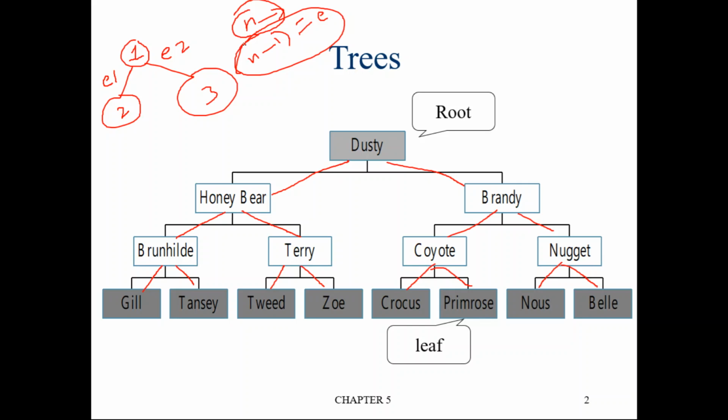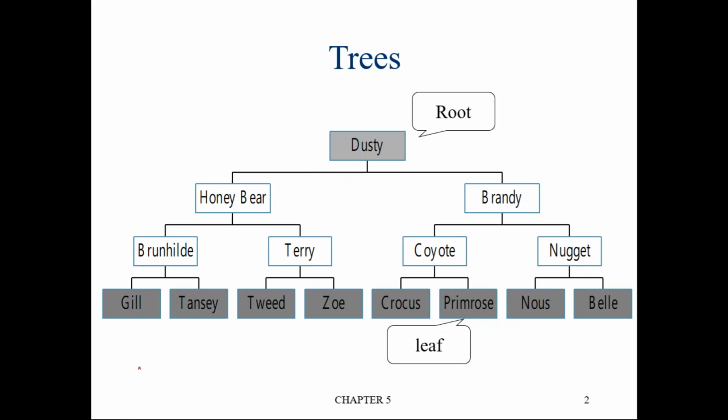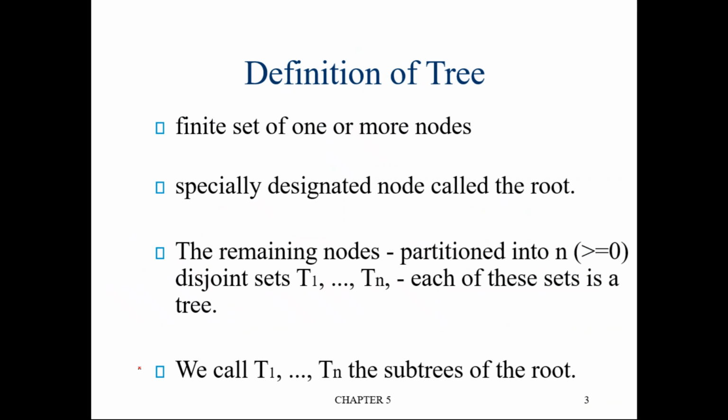So this is how we define a tree. There are different definitions we have discussed. A tree will have at least one node, and all the remaining nodes can be partitioned into n disjoint sets from T1 to Tn, such that each of these is a tree. We call T1, T2 up to Tn the subtrees of the root node.